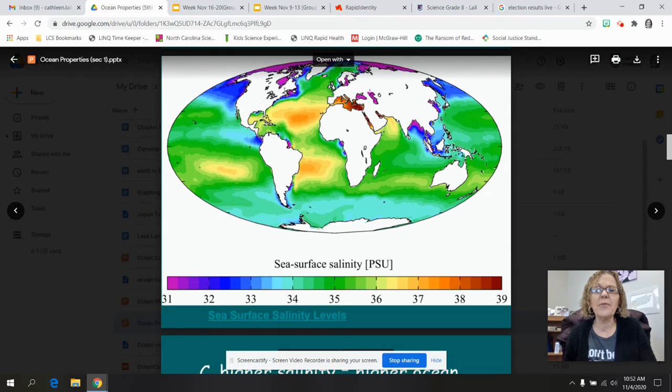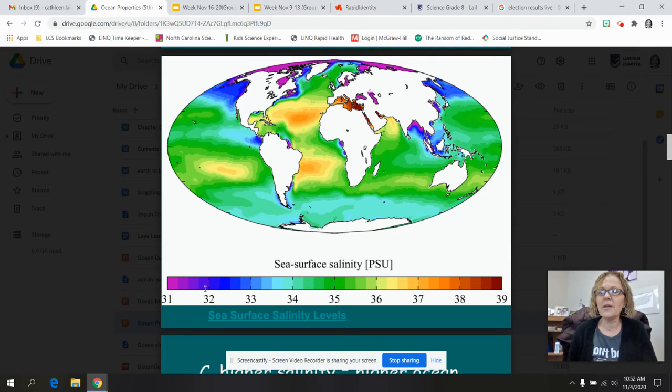But when we look at the purples and the blues, the salinity level is a little low, and that's what I was talking about just a minute ago. You would think around the icebergs that the salinity level would be a little high because the salt can't freeze.